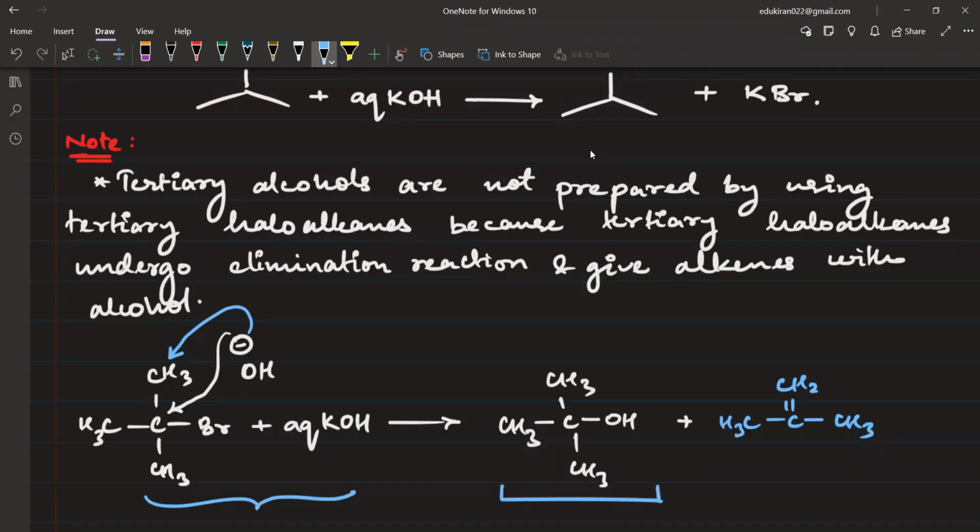That is why we are not using this as a method of preparation. When we ask for a method of preparation, then we want those methods which give us pure alcohols, which do not give a mixture of 2 different things in the same solution. And if both of them are in liquid state, then it is a big difficulty to separate them also. So for preparation, we will not use tertiary haloalkane.